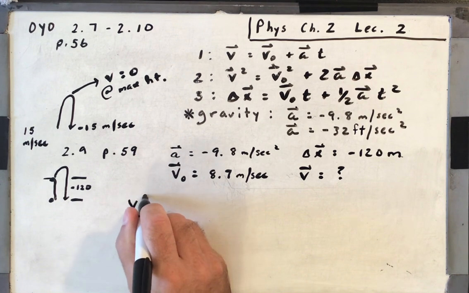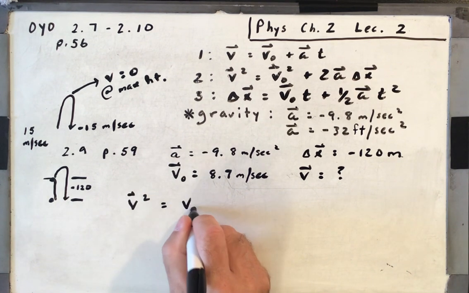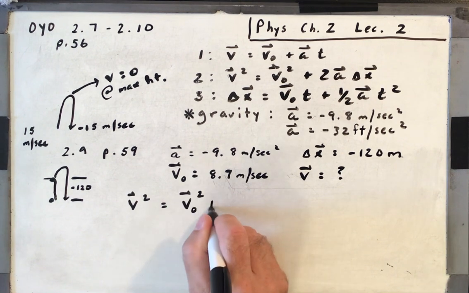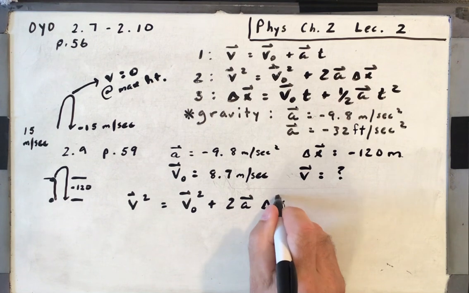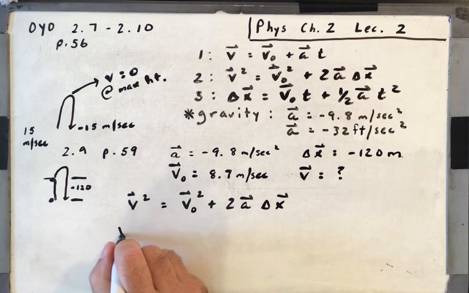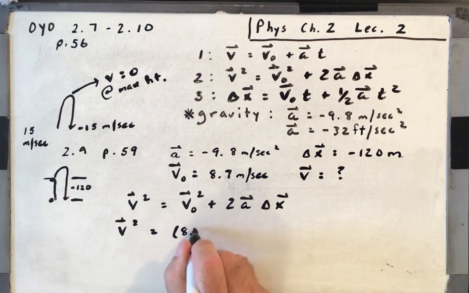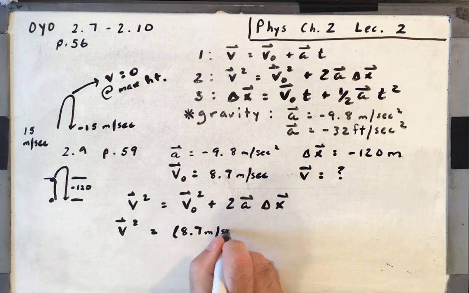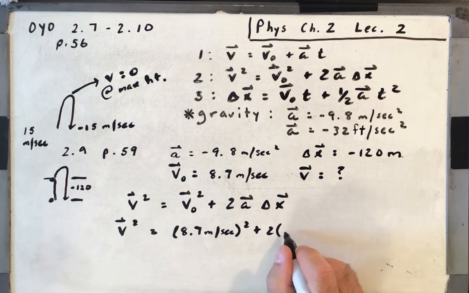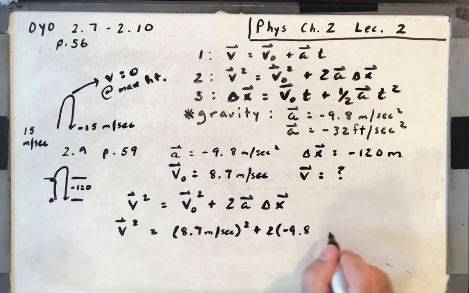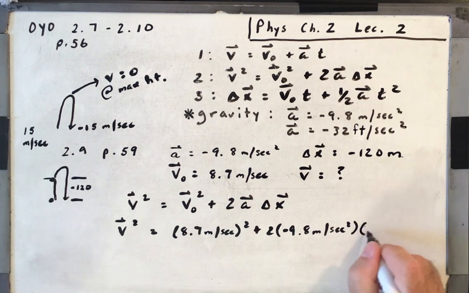So we have final velocity squared is equal to initial velocity squared plus 2 times acceleration times delta x. So final velocity squared is going to be 8.7 squared plus 2 times negative 9.8 times negative 120.